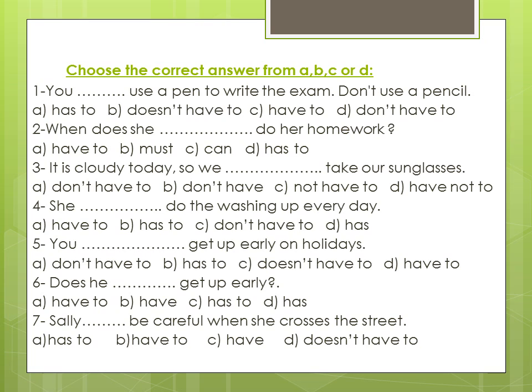When does she space do her homework? When here means matter. 3. It is cloudy today. Cloudy means the weather is overcast. So we space take our sunglasses. Sunglasses means glasses for the sun.